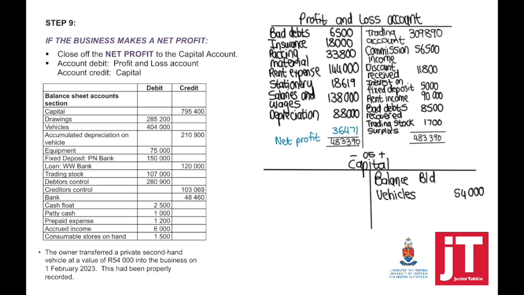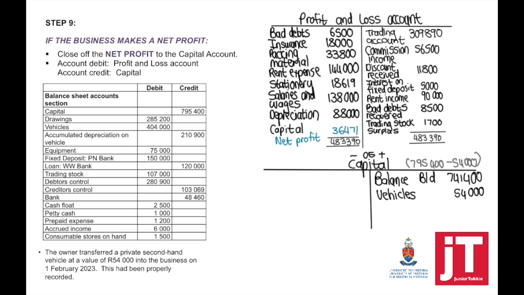Now this has been recorded, which means that if the owner contributed a vehicle, 54,000, and it has been recorded, we need to calculate the balance in the beginning by taking the balance from the post-adjustment trial balance, and we're going to subtract 54,000.